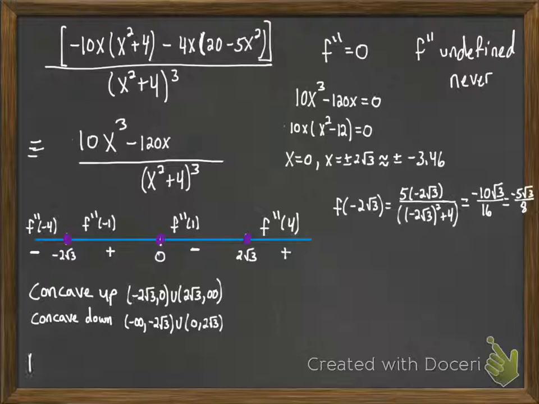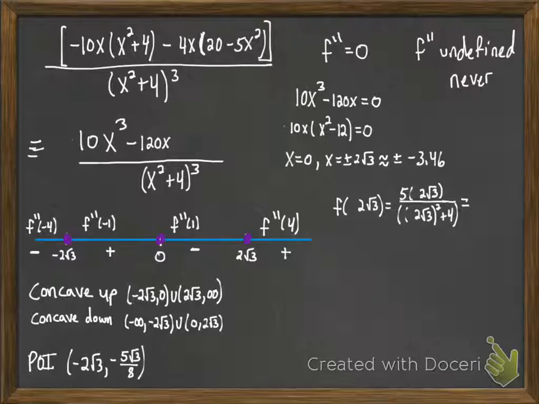So that gives us 1 point of inflection at negative 2 square roots of 3 and negative 5 square roots of 3 over 8. And then we check our next point, which, to save myself a little bit of writing, I'm going to jump to the 2 square roots of 3. When I plug in 2 square roots of 3 into the original function, I get the following.